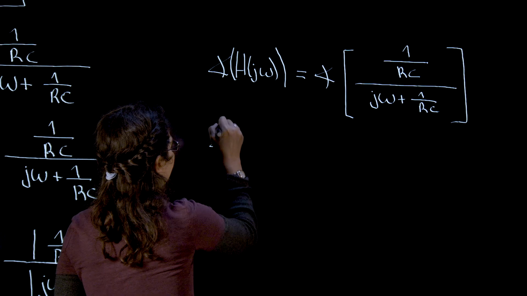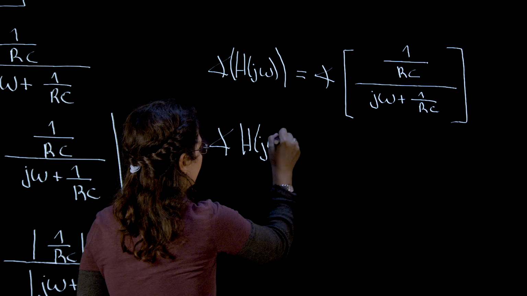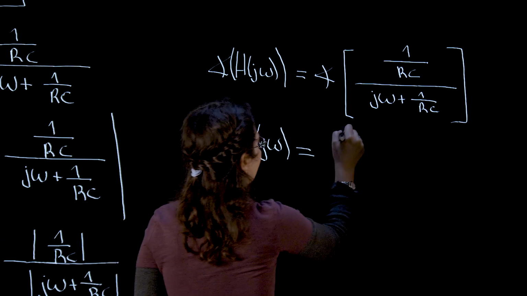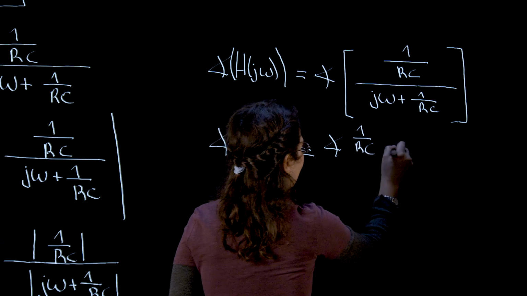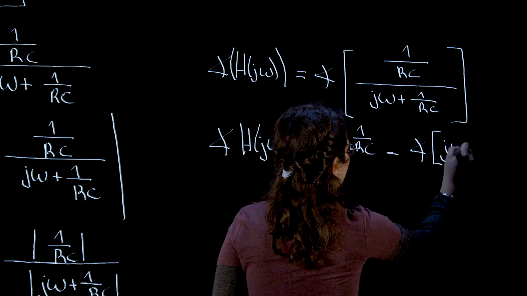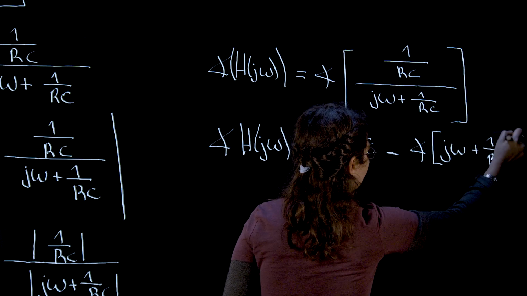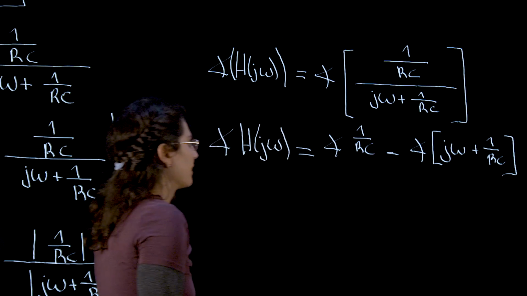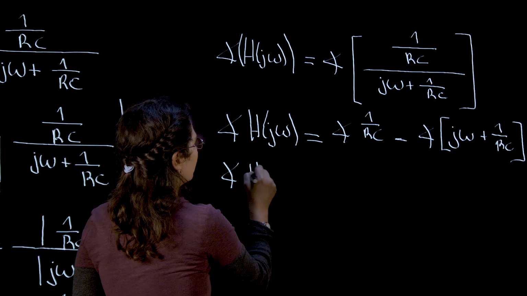So we do the phase of h of j omega equals the phase of 1 over RC minus the phase of j omega plus 1 over RC. Now, the phase of a real number is 0.